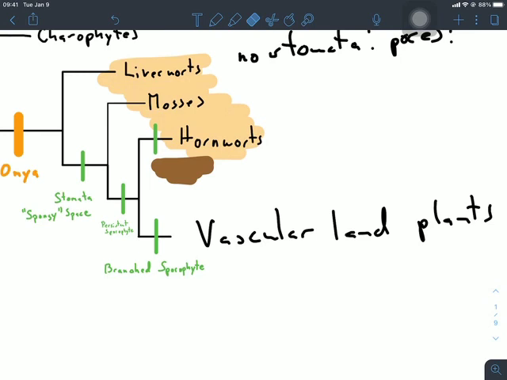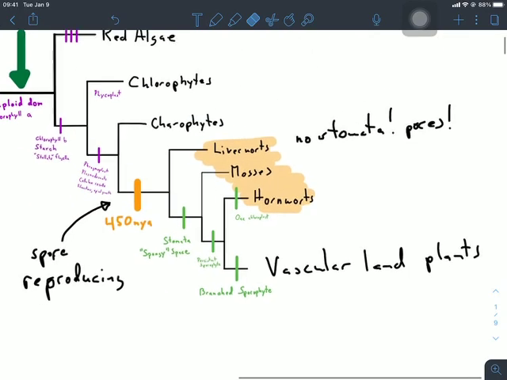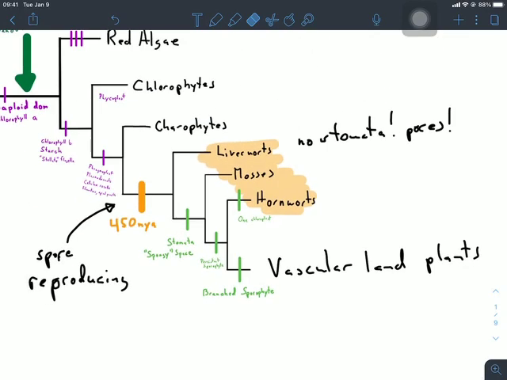There's one additional little feature that makes hornworts unique from the rest of our liverworts and mosses, but more in common with some of our early green algae, is that liverworts and mosses have lots of chloroplasts per cell, whereas hornworts will generally have one giant chloroplast. Other organisms that had one giant chloroplast were things like Chlamydomonas.